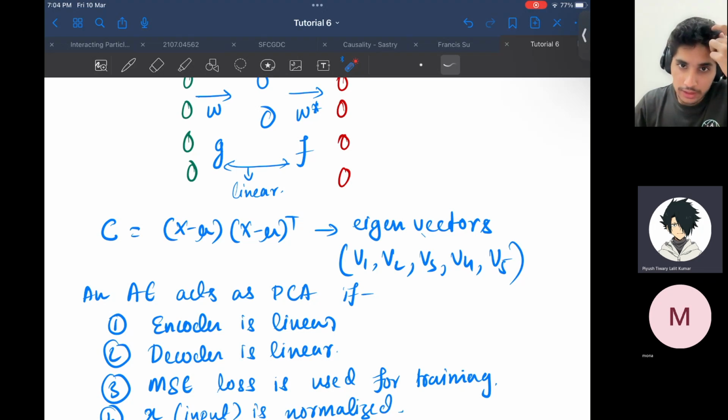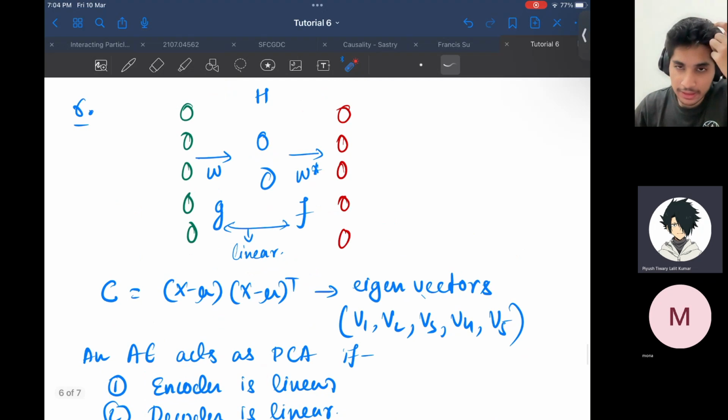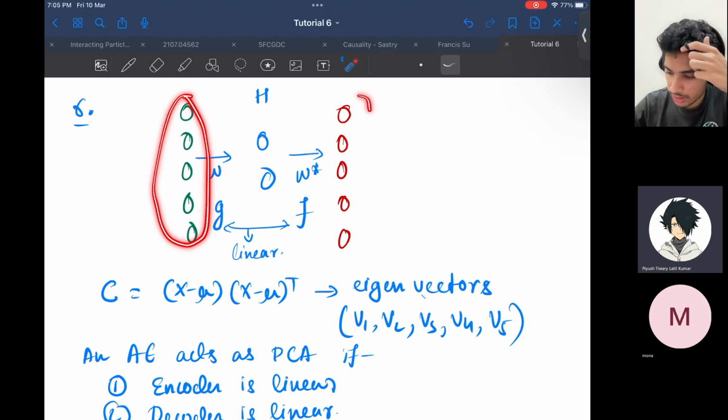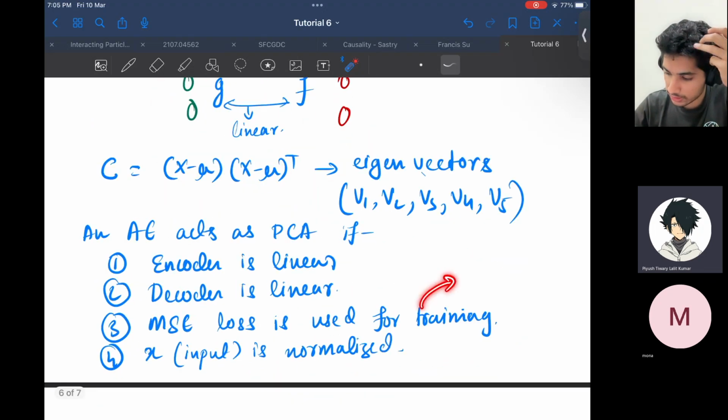MSE loss is being used for training. It has not been mentioned in the question itself, but whenever there is a general autoencoder question, we will assume that MSE loss is being used. In general, whenever you solve an autoencoder question, this is always true, unless otherwise mentioned.